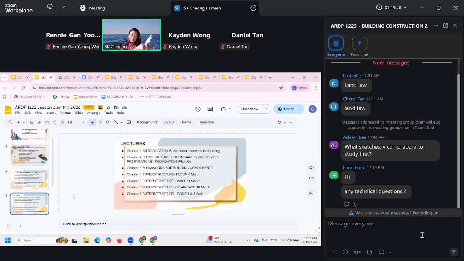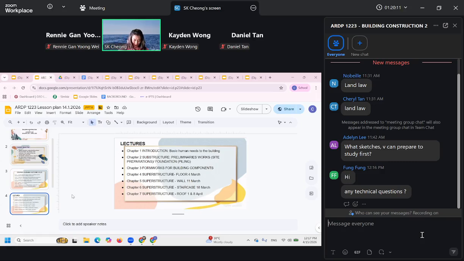Because in section A, the marks are mostly less than 10 marks, right? So when I say provide your answers complete with simple sketches, then you know. What sketches?